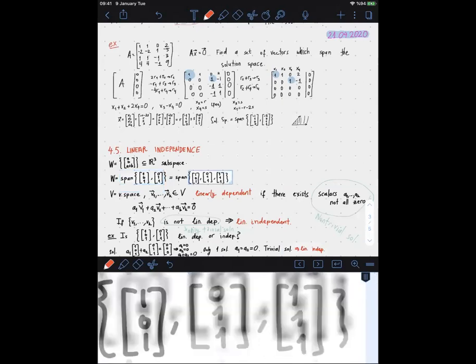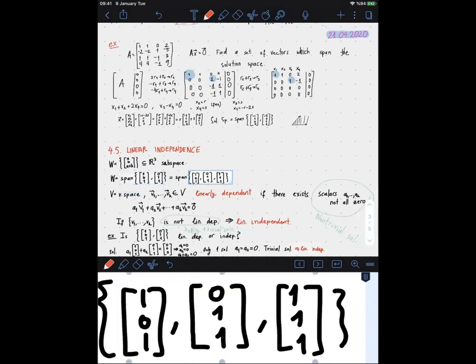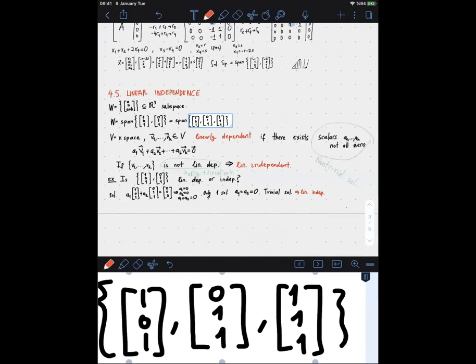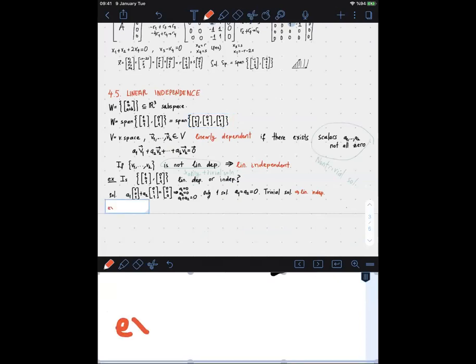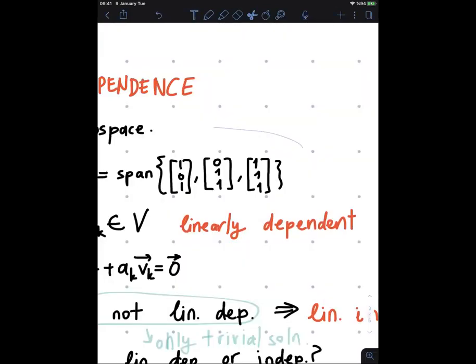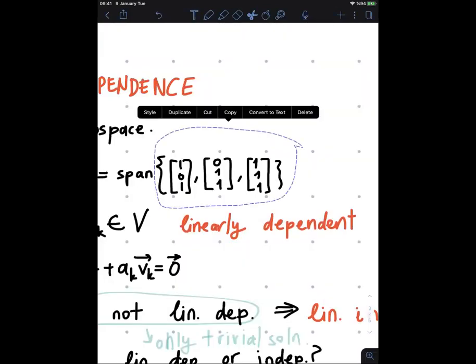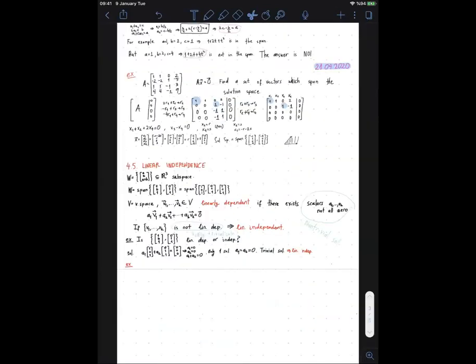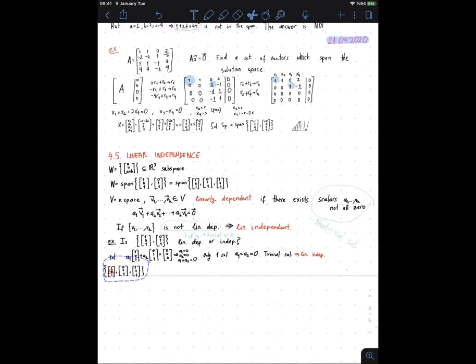Now let's check these three vectors. Okay, let's look at these three vectors. Example, let me copy this again. Copy, paste.